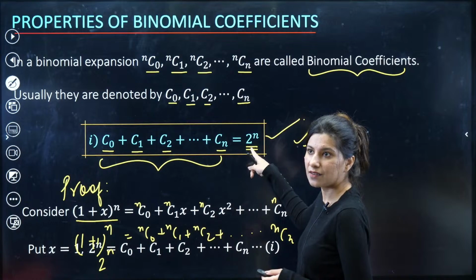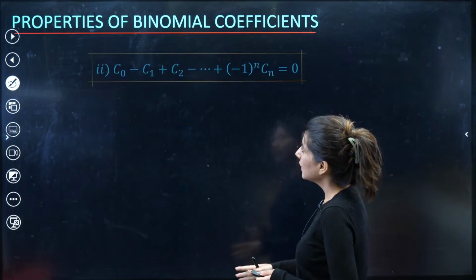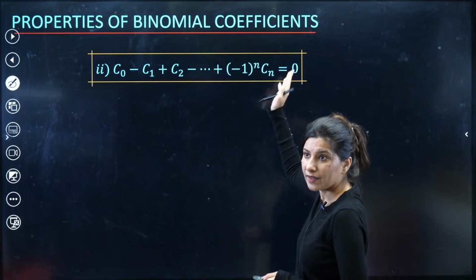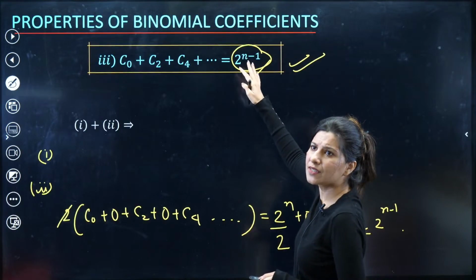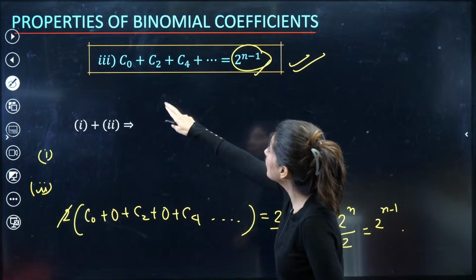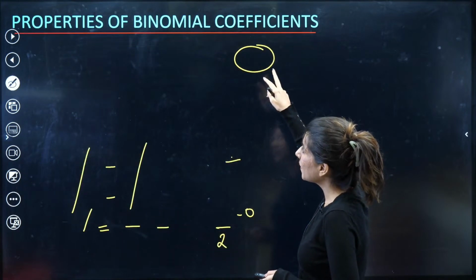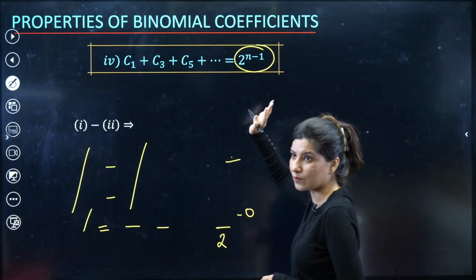This is the result, and suppose I have not told you the proof: you put x equals to 1. Then the second result, where there are alternate plus minus signs, is 0. Third, when you have C0, C2, C4, it is 2 raised to power n minus 1. These are the binomial coefficients. And the fourth is C1, C3, C5, also 2 raised to power n minus 1.